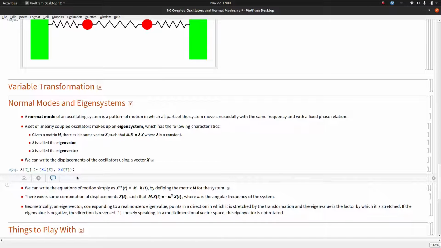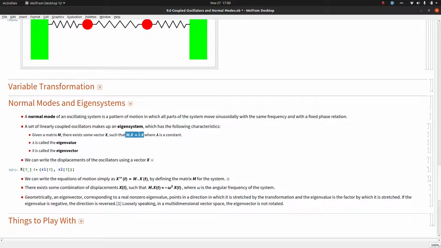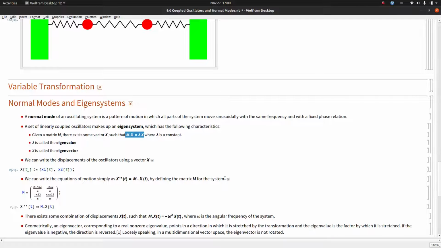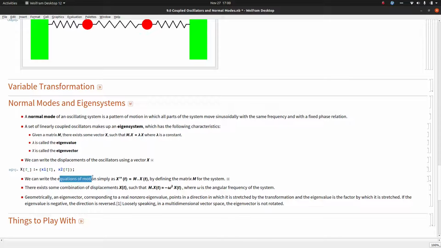And we are going to do some kind of variable transformation, some linear transformation combining the x1s and the x2s in such a way that this relationship holds. And we can do that because we can write our equation of motion using a matrix format.